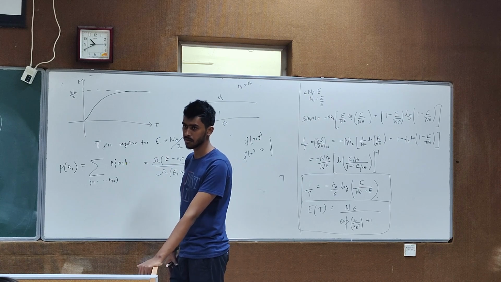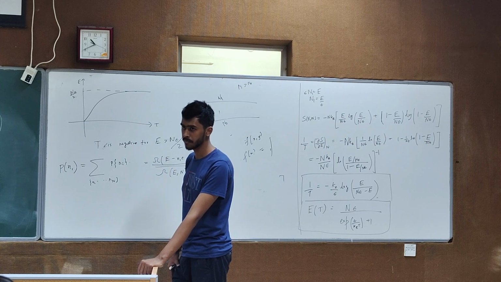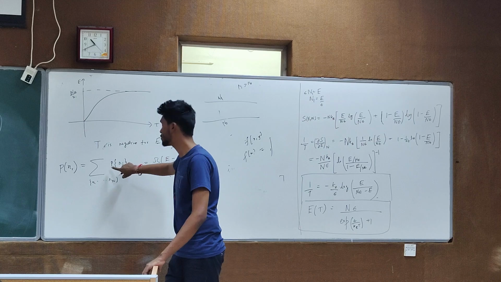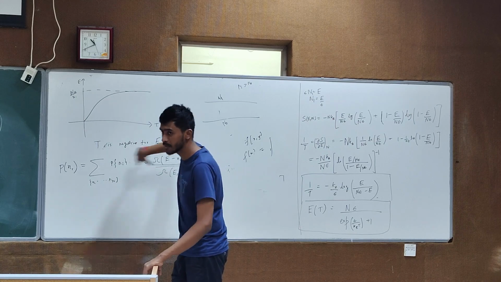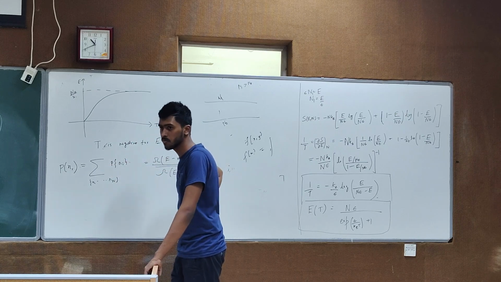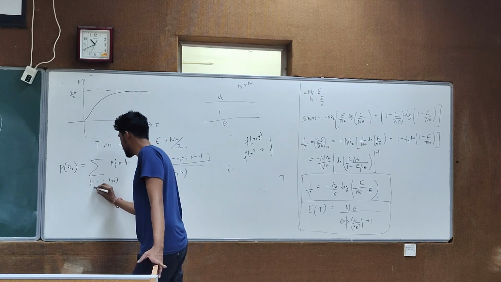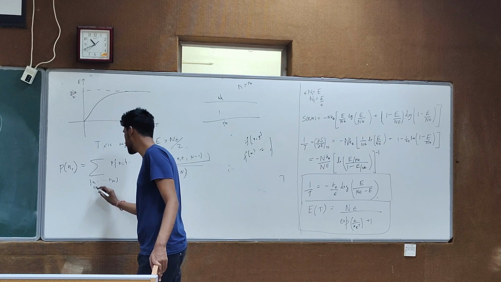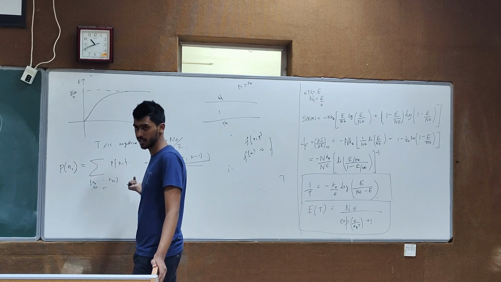So each probability is 1 by Omega En, and there are these many terms in this sum. There are n terms, right? n minus 1 terms. No, your n2 can be 0, 1, n3 can be 0, 1, and so on.